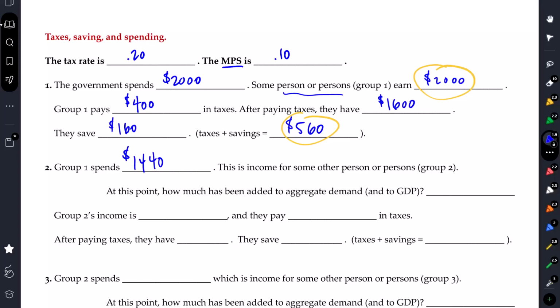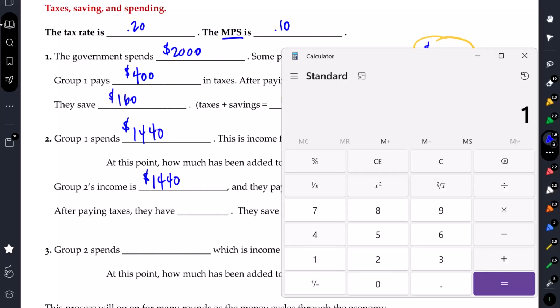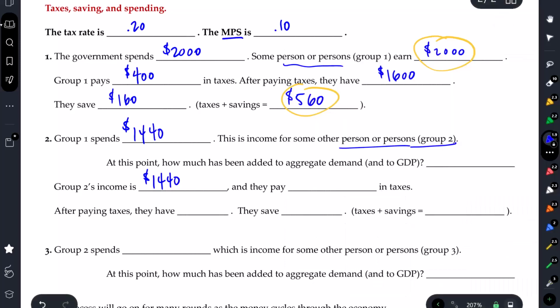Okay, so this 1,440 is going to be income for everybody in group 2. They're going to pay 20% in taxes. $288.